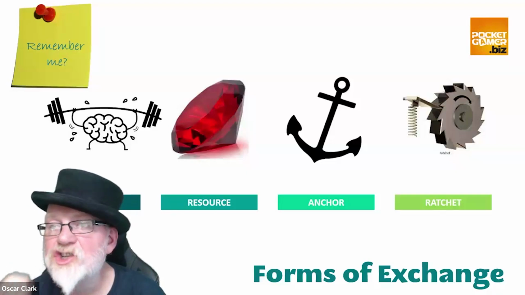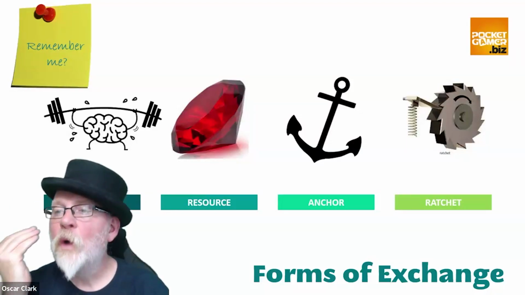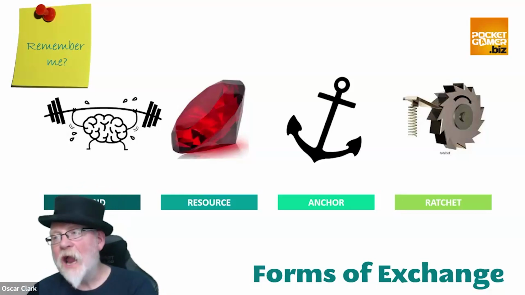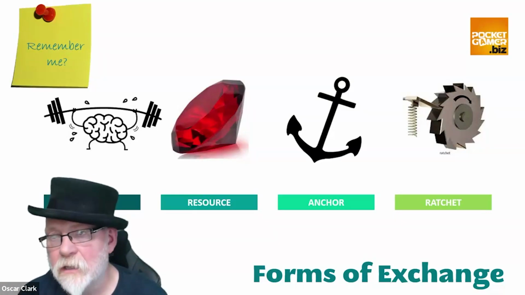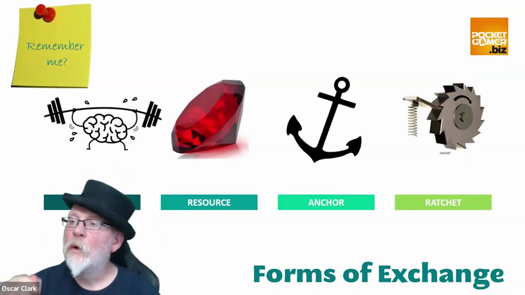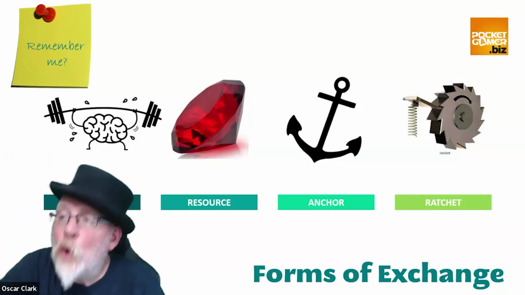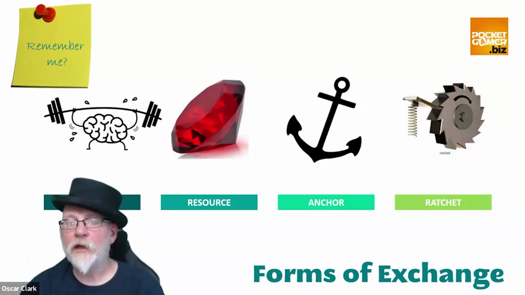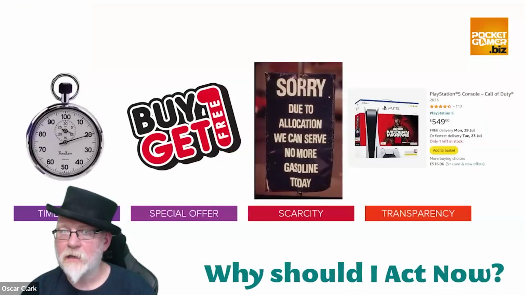That's why we think about the exchange. That's why we think about where grind fits in, where resources fit in, where the anchors that tie the experience to the game are, and why they matter. But then also the ratchets, where we can look forward to doing these things in order to unlock the value that we want. Those things matter.